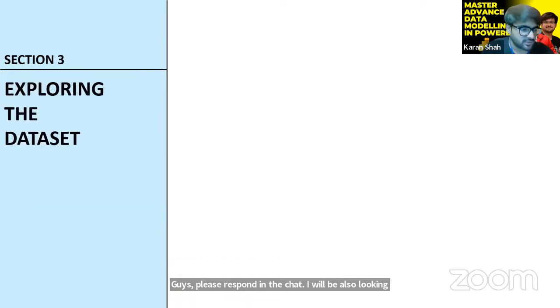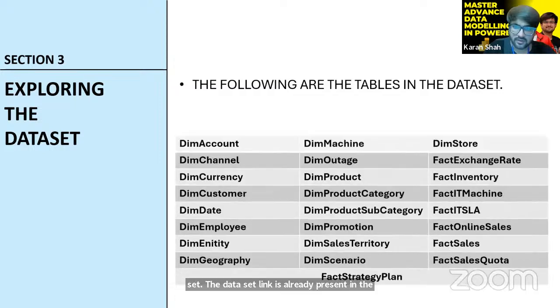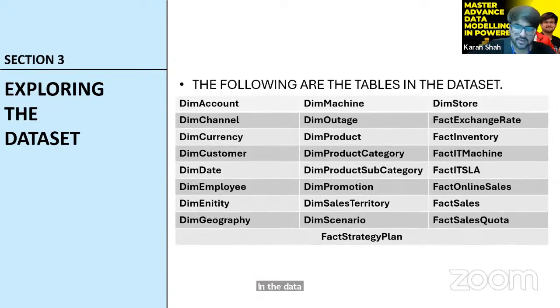Okay, so the next part is nothing but we'll explore the dataset. The dataset link is already present in the YouTube description. You can download it from there. In the dataset, we have the following tables. I think there were around 25 tables present.